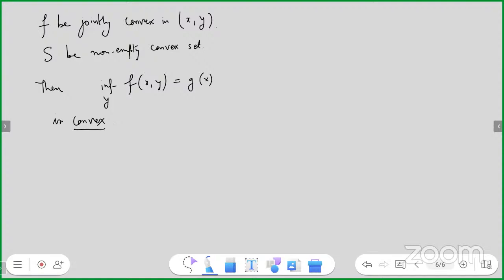Okay, how do I prove this? This is very special. Something like this doesn't hold in general. So what is first principles?